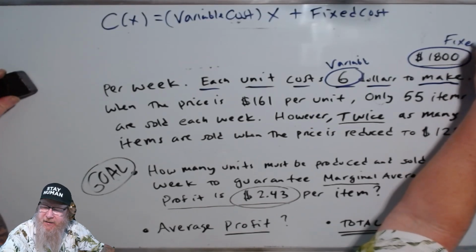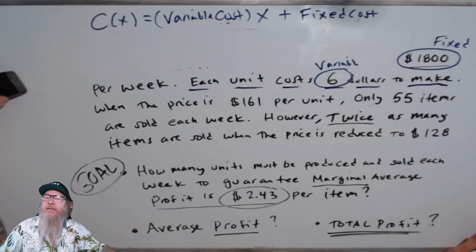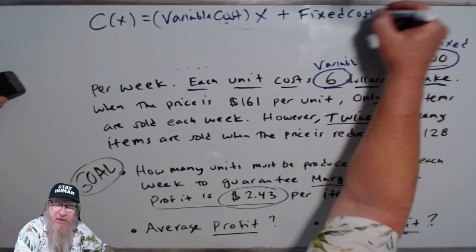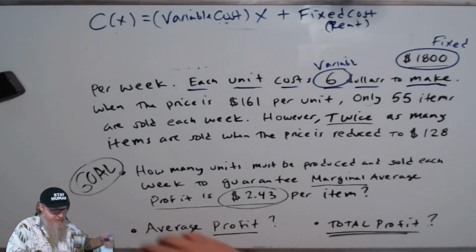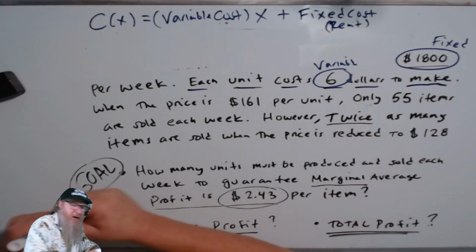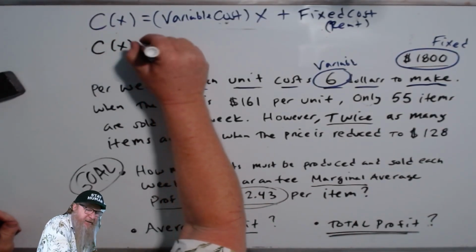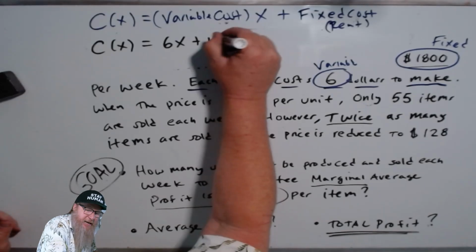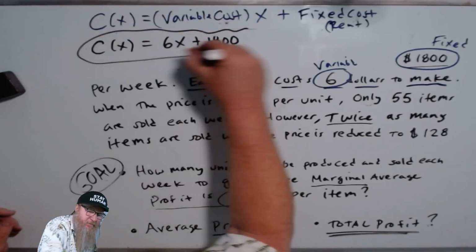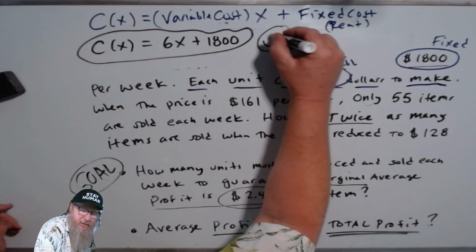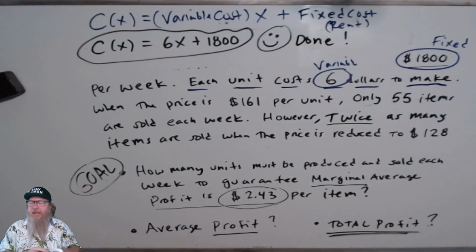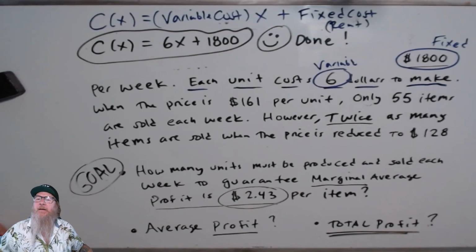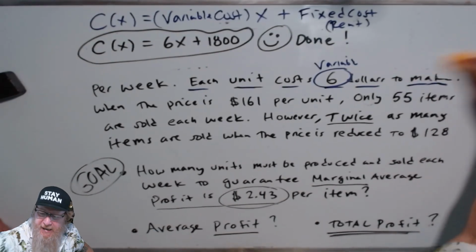And fixed, that's the rent. Fixed cost is like rent, also known as overhead. So my first model is very easy. 6x plus 1800, done. All right, we got that done. Go ahead and erase that.